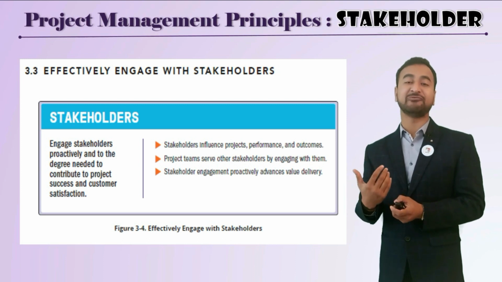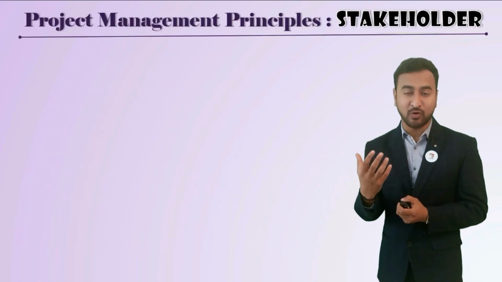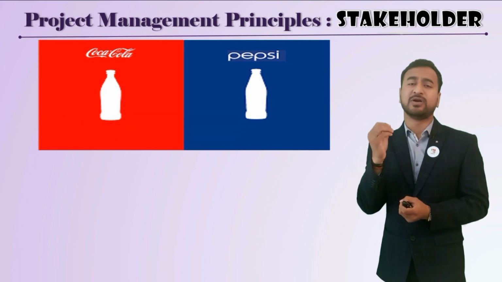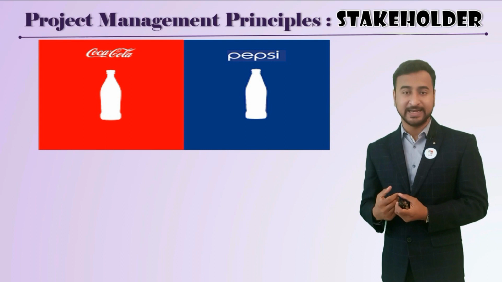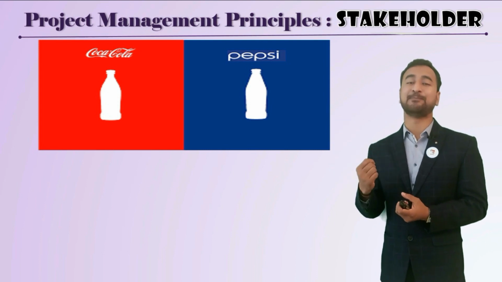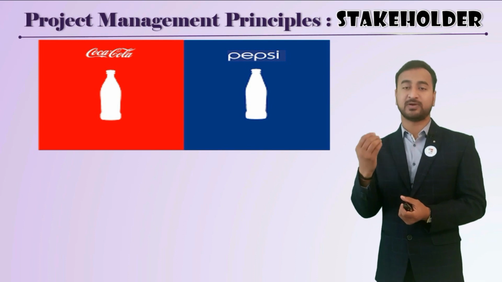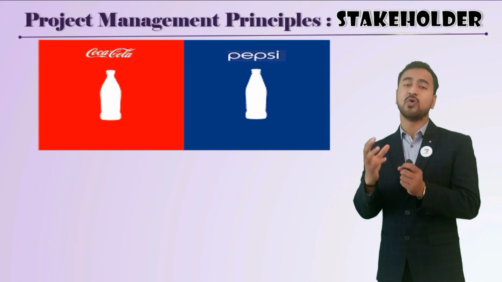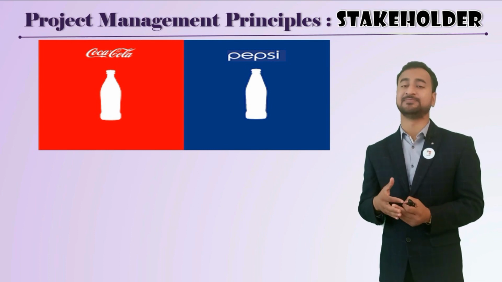And how can we effectively engage the stakeholder? First of all, you need to understand who your stakeholders are. I want to give an example of two competitors. Let's consider PepsiCo wants to launch a new soft drink in the next financial year. So who are the stakeholders for this entire ecosystem?